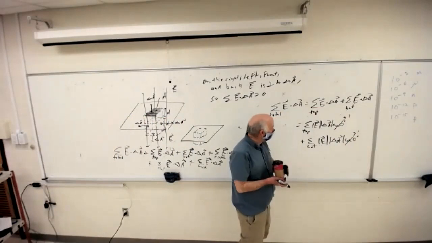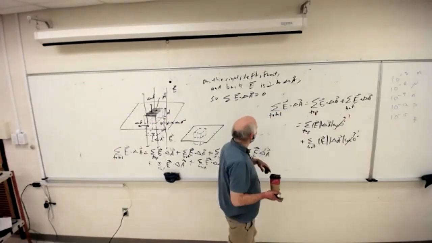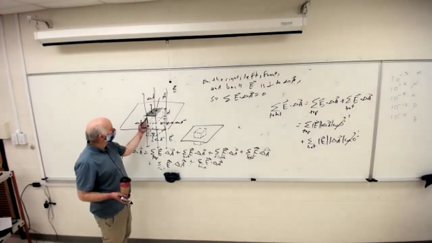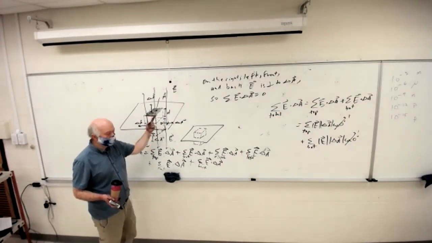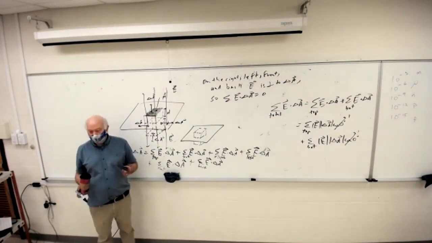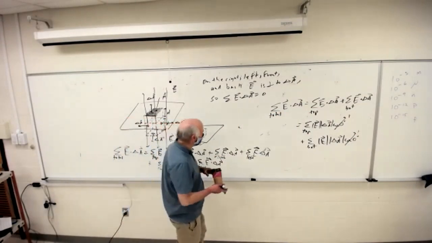Keep going. By symmetry, what can I say about this? It is infinite. Charge is uniformly distributed. So what can I say about the electric field anywhere on the surface? It has to be constant, so I can pull them off.